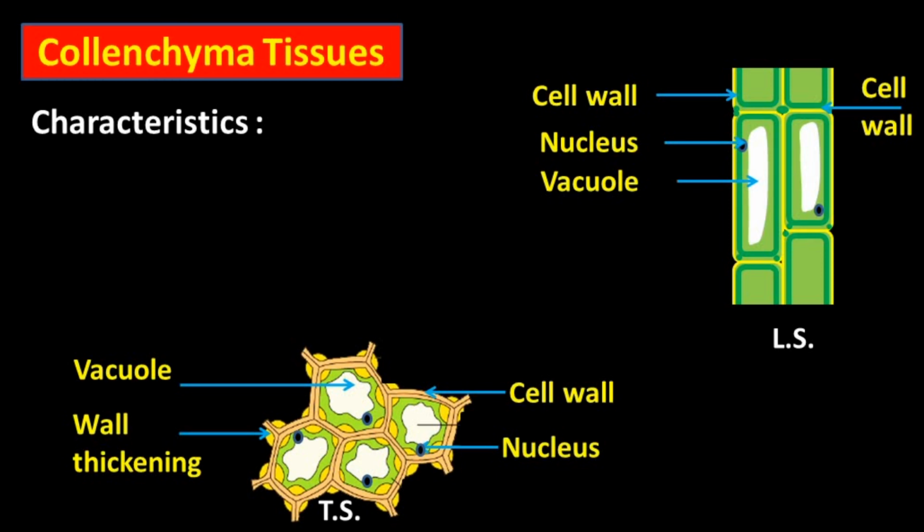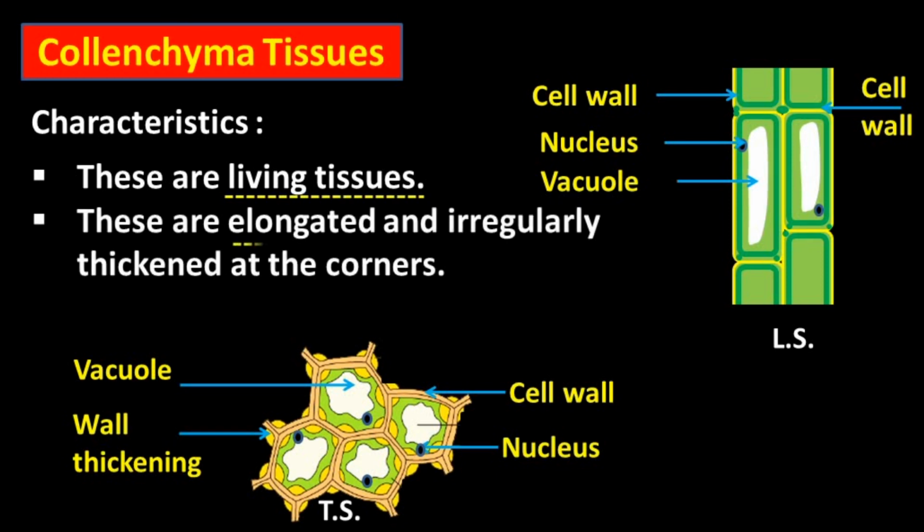Another type of tissue is the collenchyma tissue. See this diagram, they have a cell wall, nucleus, vacuole. First diagram is the longitudinal section of stem, and another diagram is the transverse section of stem. So these collenchyma tissues are living tissues.